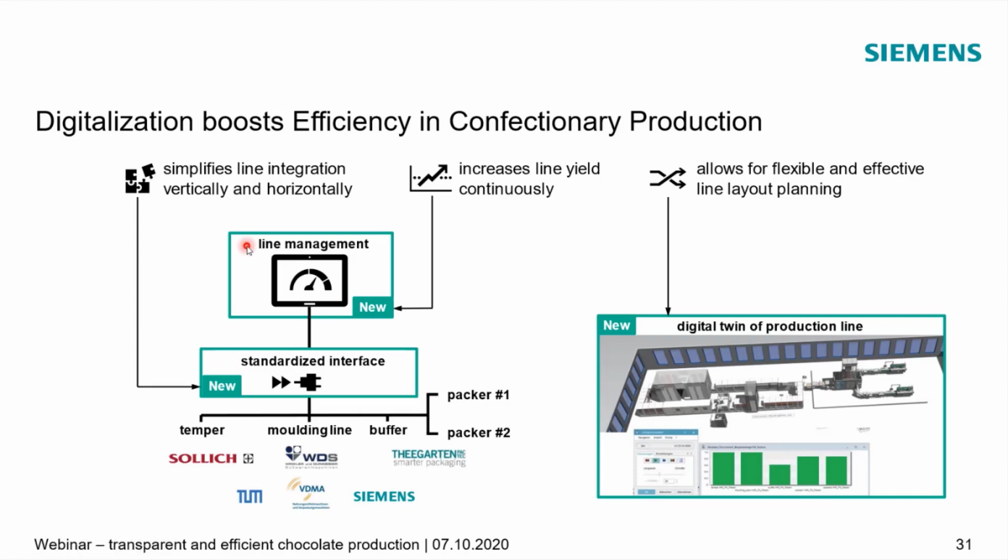Second, a line management solution that helps you get a continuous high yield out of your production line. And third, a digital twin of the production line that enables you to do flexible and effective planning of your line layout.